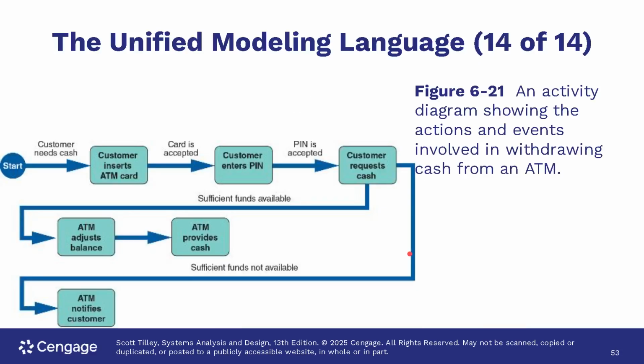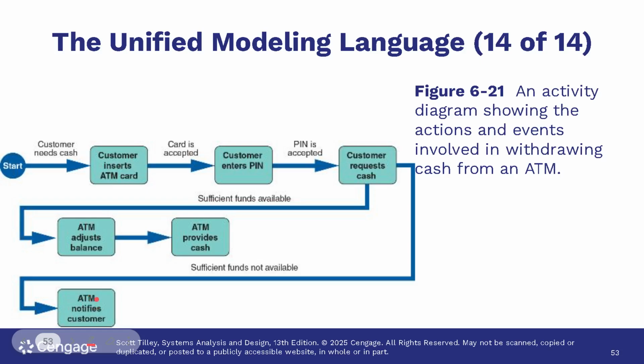And here's one that they had in the book where, again, I'm inserting my card, waits for the PIN. If it's accepted, they get cash. Notice there is no state of rejected PIN. That's not documented in this particular state diagram. They adjust their balance, I get the cash, and there's a possible change, and I always notify my customer about the cash event having been requested.